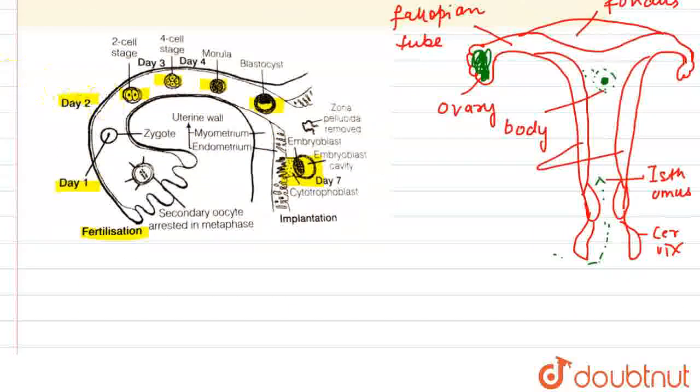Now we have to tell the role of the cervix here, right? So cervix is the end part here, and it is also known as the birth canal. Now what is this birth canal? Birth canal means that after the implantation, there is embryonic development and the individual is fully grown here, and after that, it has to be moved out of the female body.